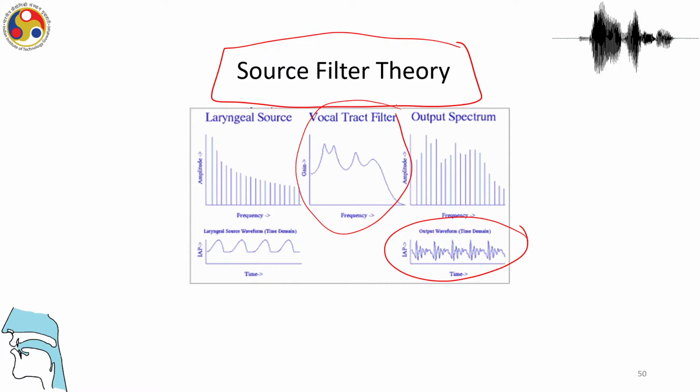It filters everything that is produced from the laryngeal source, and as a result, not just the source but also the properties of our vocal tract, the filter, produce an output, which is what we hear as the sounds of human speech. This is called the source filter theory. There's a source and there's a filter, two very important components in understanding the acoustics of sounds.